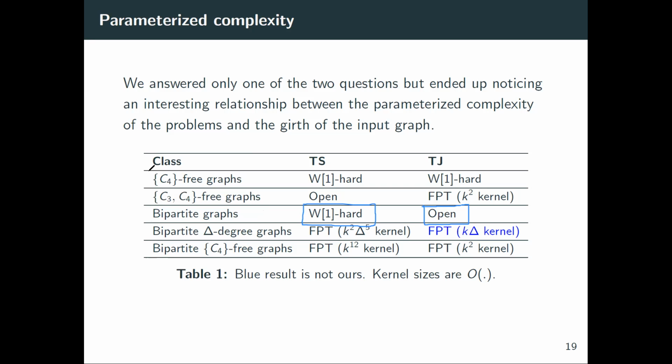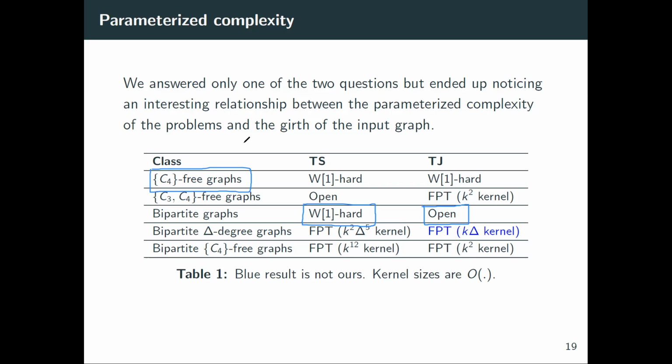Because in bipartite graphs, you're excluding all odd cycles, we started thinking about what kinds of cycles affect the behavior of those problems. So the first question was, what about C4-free graphs? It turned out that both problems remain W1 hard on C4-free graphs. Now, if you exclude C3 and C4, it turns out that token jumping becomes FPT, with an order k² kernel, but for token sliding, we were not able to determine the complexity.